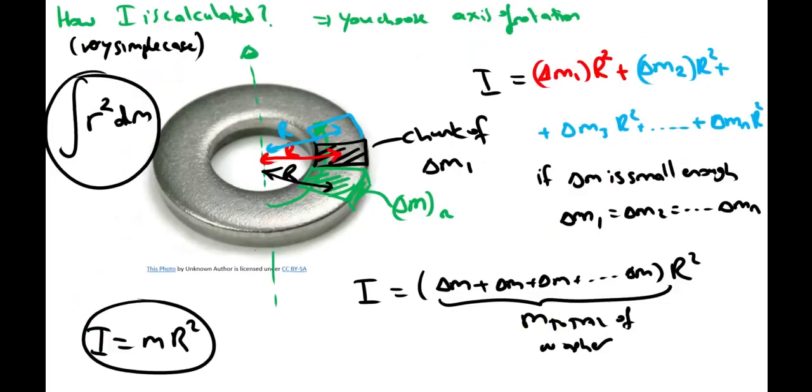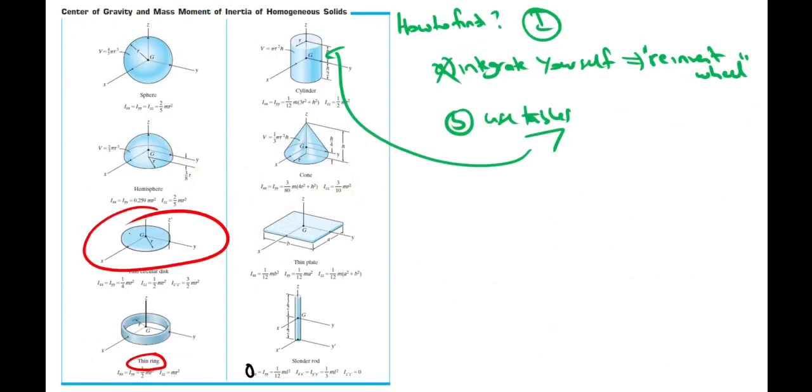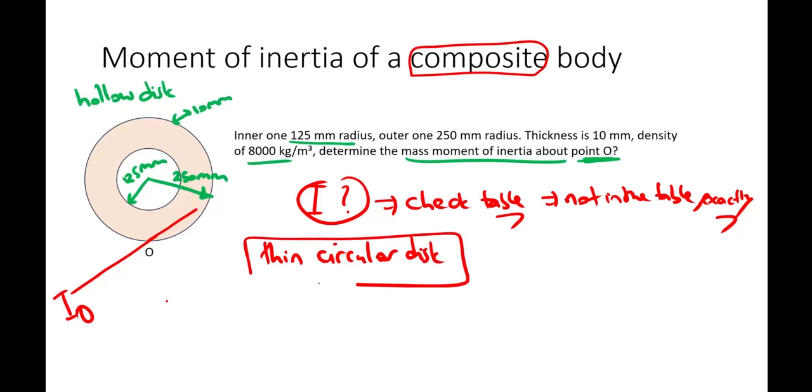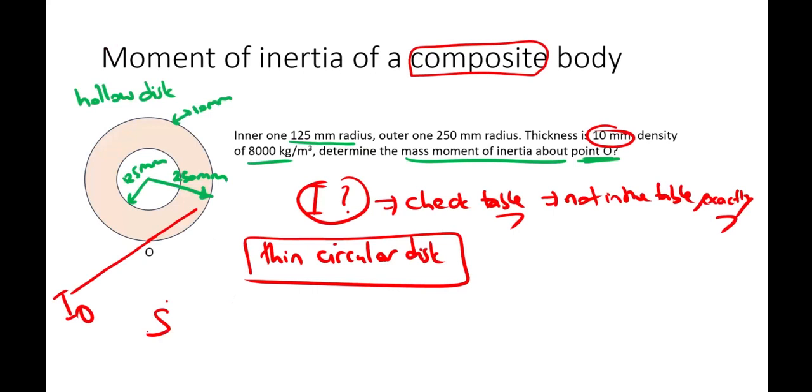But what we have in the table is this one, the thin circular disc. This one is also thin because this one is 10 mm. So what we will do, we will apply the superposition principle.